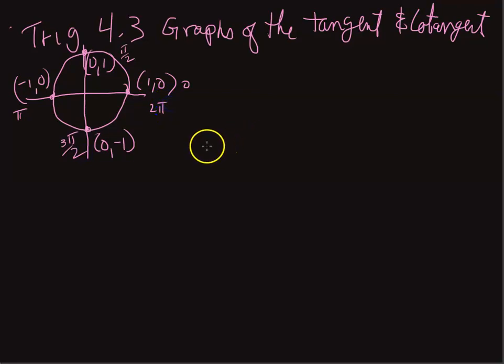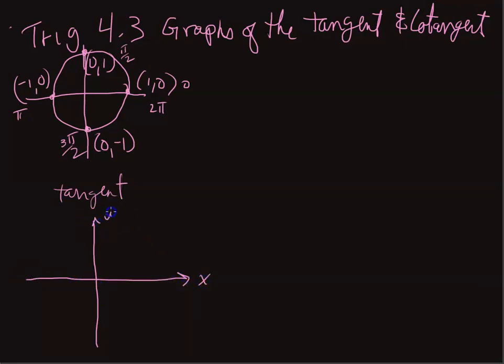Now, for the tangent, at 0, the tangent is y over x. 0 over 1 is 0. Let me change colors. Do this in a blue.